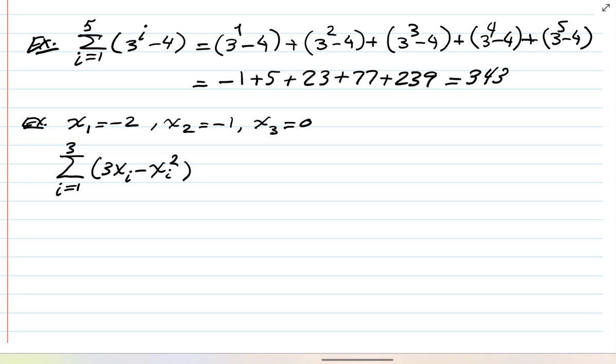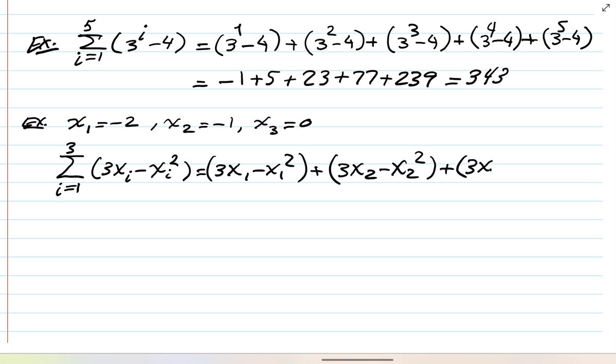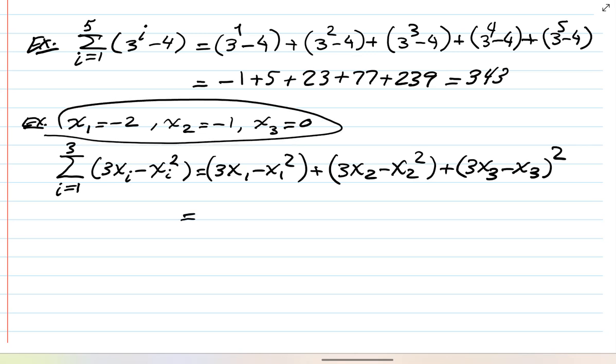Now for this one again, if we write this series out, remember you start with the index at 1. So the first expression is 3x sub 1 minus x sub 1 squared, and then plus 3x sub 2 minus x sub 2 squared, and then plus 3x sub 3 minus x sub 3 squared, right? But then we know the values of x sub 1, 2, and 3. Let's plug them in.